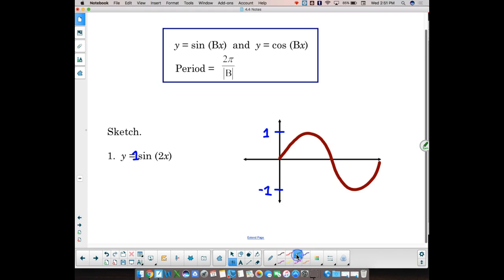And my period here is 2 pi divided by 2. I get that downstairs 2 from that number. Well, that 2 pi over 2 is just pi. So it's going to start at 0, and it's going to end at pi.